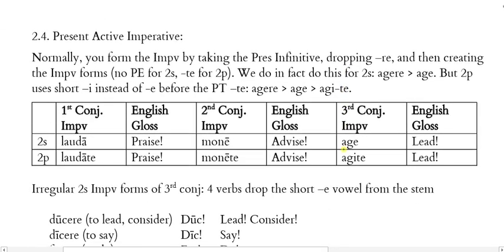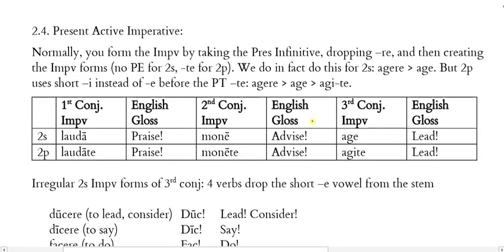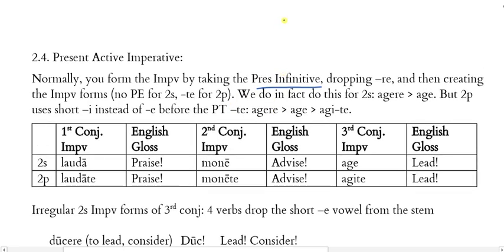All right, last section here is the present active imperative of third conjugation verbs. So normally, how do you form the imperative? You take the present infinitive, the second principal part, you drop re, and then you create the imperative forms. No personal ending for second singular, and te for second plural. Just as a reminder, for laudare, right?